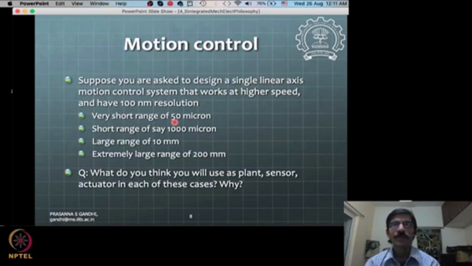So when you want very high resolution but only over a very short range, about 50 micron or 100 micron, then piezos are preferred as an actuator mechanism. And now we are talking in general of bigger size systems.